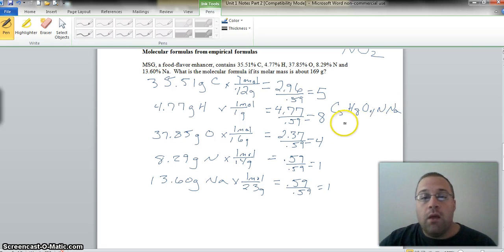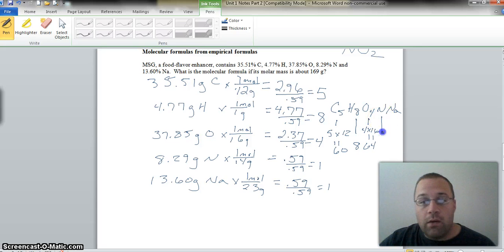Okay. Now the final step, it gives you that piece about the molecular mass being 169 grams. You have to add up the mass of C5H8O4NNa and see if it equals 169. So this is 5 times the molar mass of 12, which is 60. This is 8 times 1, so 8. This is 4 times 16, which is 64.